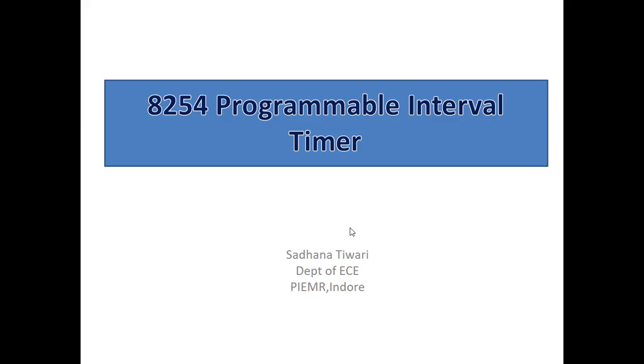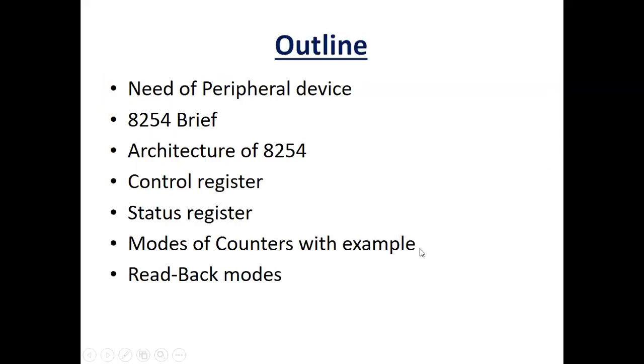Hello everyone. Today we will discuss the 8254 programmable interval timer. So this is the brief outline. First we will discuss what is the need of peripheral devices like 8254, 8255, 8259, etc. Next we will discuss a few features of 8254 in brief.